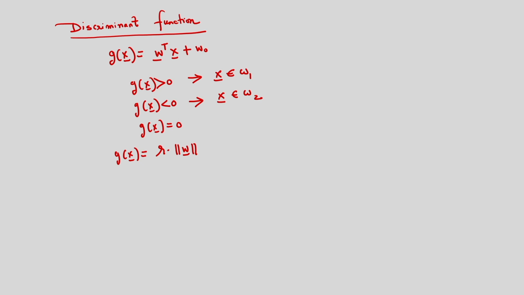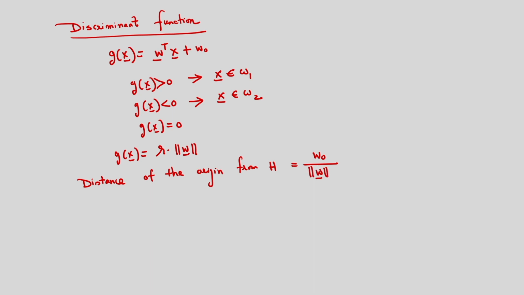So that is Gx is the algebraic measure of x from the decision surface H. And also we have determined the distance of the origin from the hyperplane H. So that expression also we have determined, and that is nothing but W naught divided by the norm of W.